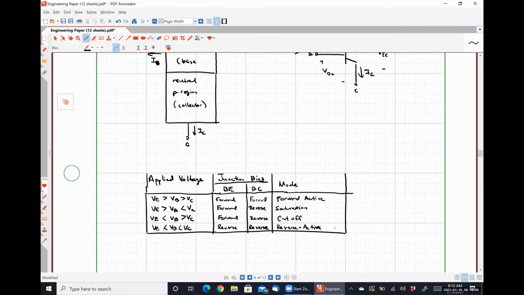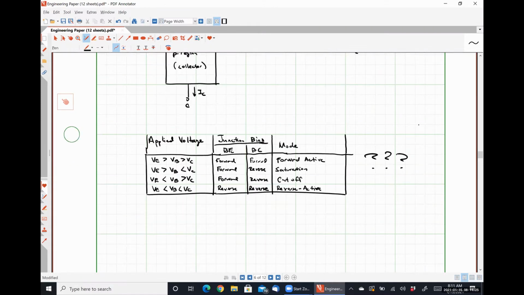And for forward active, I think one of them should be reverse biased as well. So now that I'm looking at it, I think this table is hot garbage. I'm not sure how I managed to copy down multiple things wrong, but I did. So I'm going to put some big question marks right here because I may have screwed this up, just to be real clear here. But we can figure things out pretty easily. Actually, we can figure it out right now.